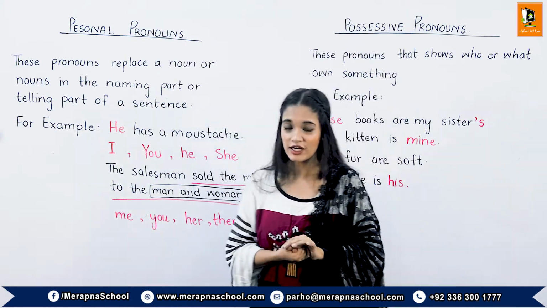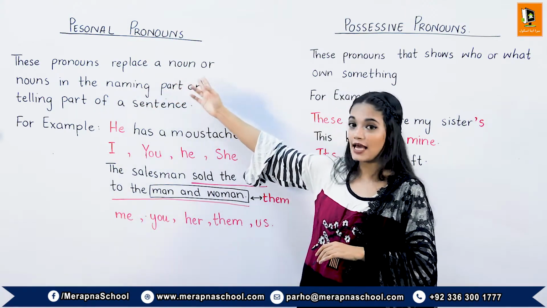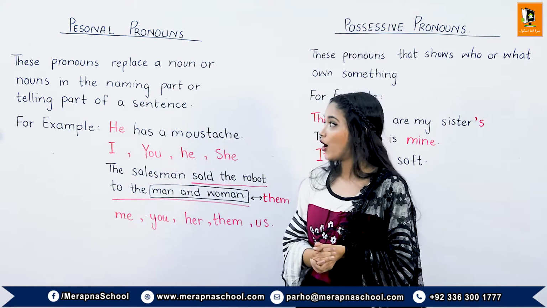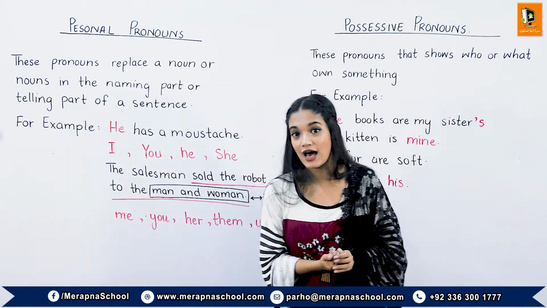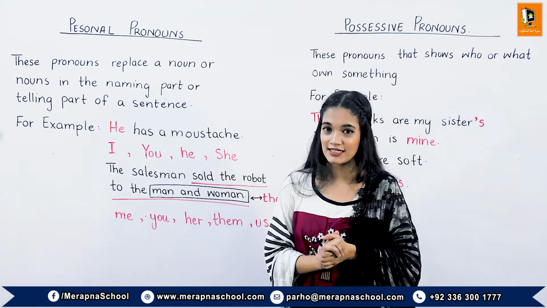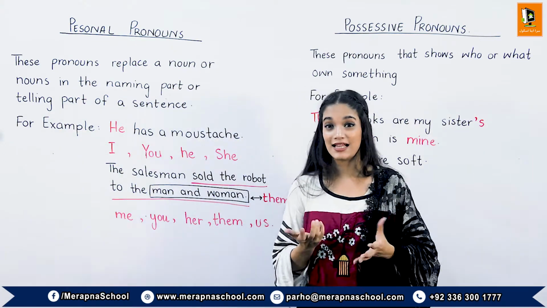The definition of personal pronoun is that these pronouns replace a noun or nouns in the naming part or telling part of a sentence. There are two parts in every sentence. The first part is the naming part and the second part is the telling part.